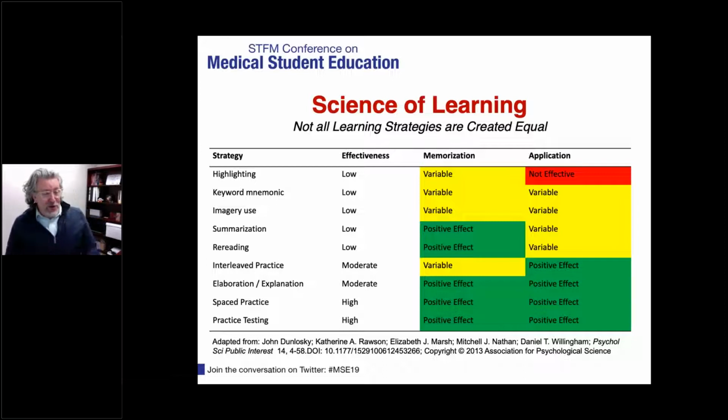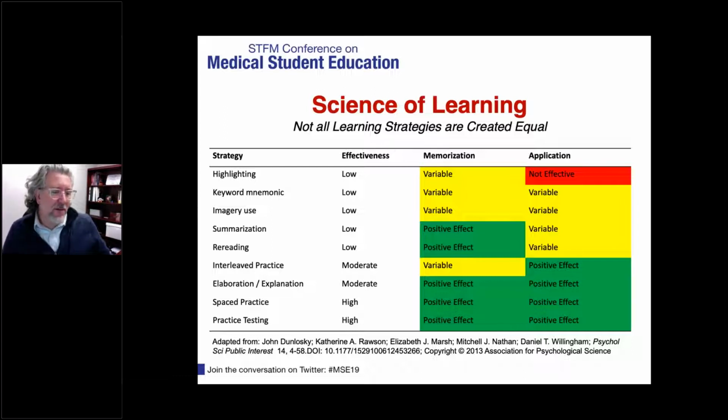But regardless, what I think is interesting are some of the things that we often talk about, or perhaps more importantly, that we used as learners and our current students use to learn material. Rereading, summarizing, highlighting are at best variable in their effectiveness.